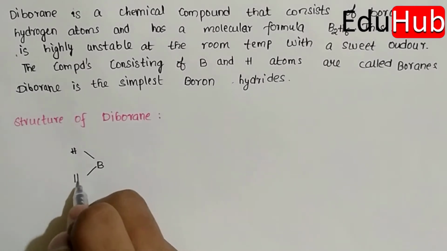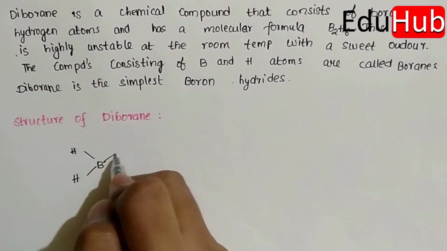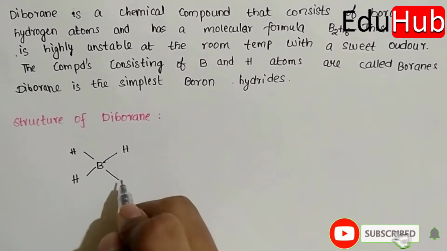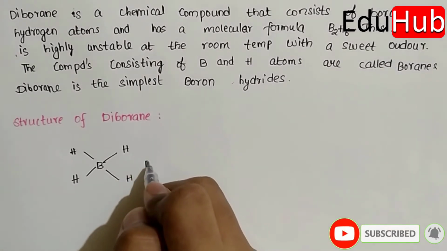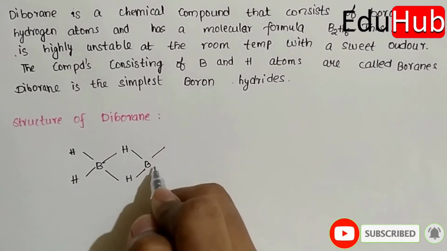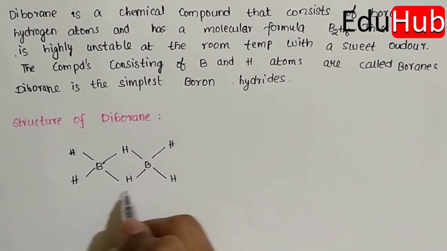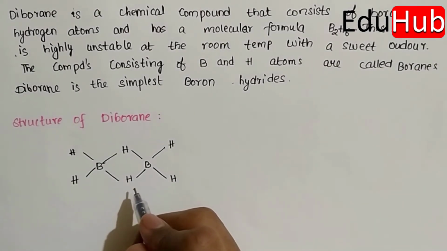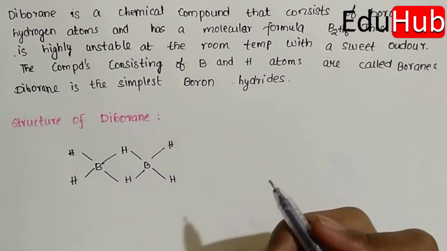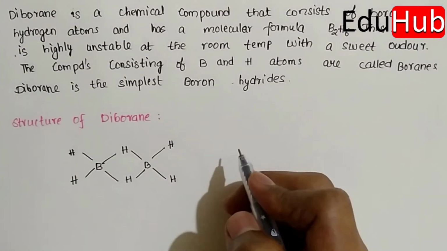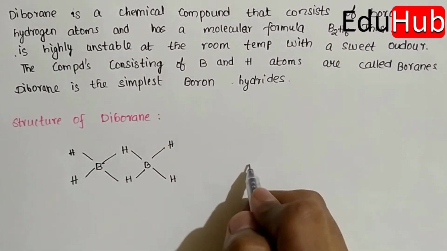Diborane is nothing but B2H6. This is the normal structure of diborane. Now let me draw the wedge projection of diborane so that you will understand it very clearly.